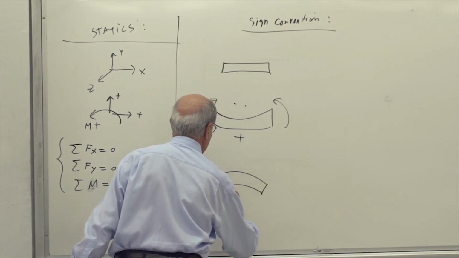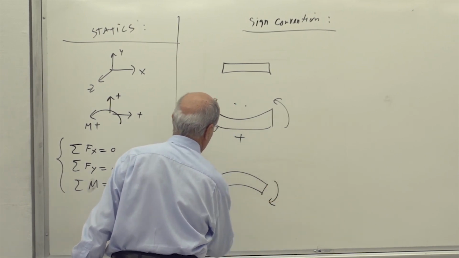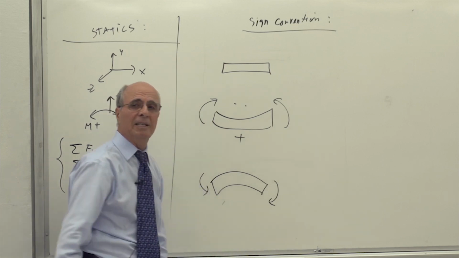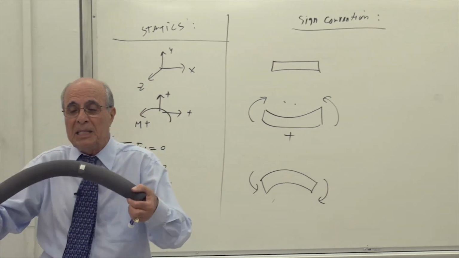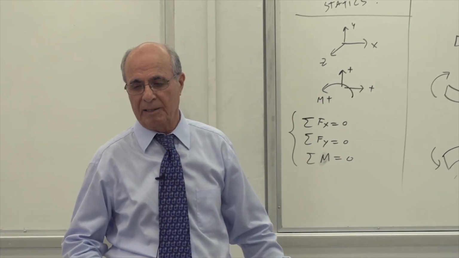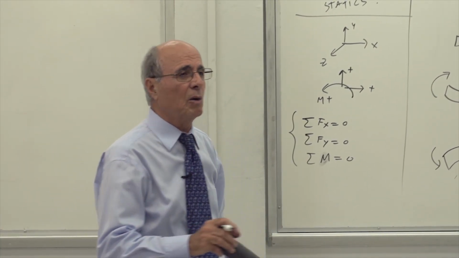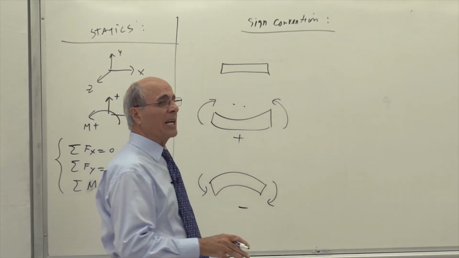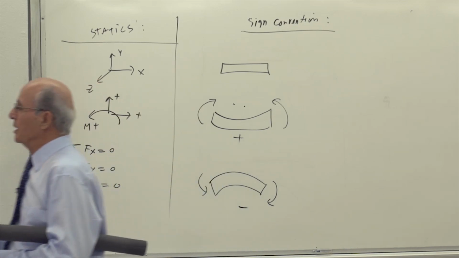So again, one more time. This is going to be like that. Actually, this statically is positive. This statically is negative, but the beam behaves in the frowny format, so we call it negative. Is that understood? This is all in the handout as well, but you need to write it. Okay. So that is as far as the moment is concerned.